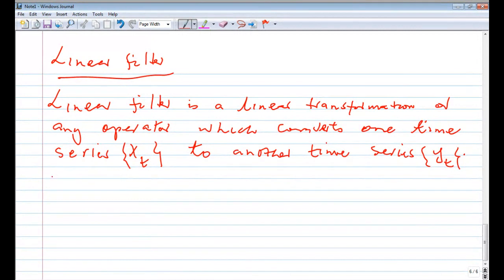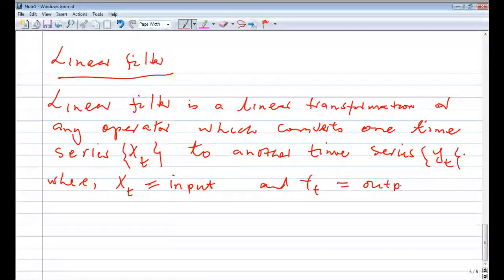Where the time series xt is called the input, and yt is called the output. So can you illustrate this using a diagram?